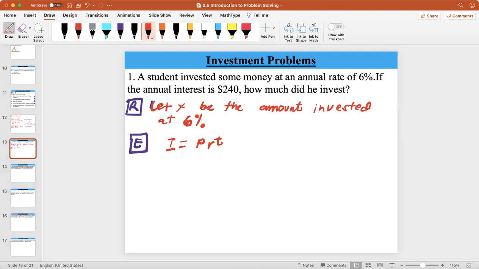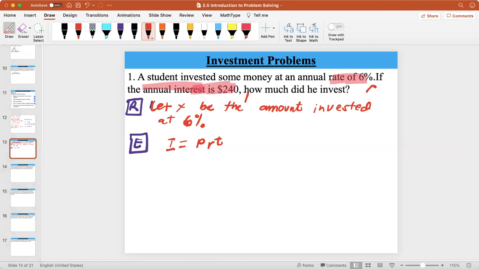So what equation can we obtain out of this? What are these? This is your rate, 6%. And this is the annual interest, and that is your I.